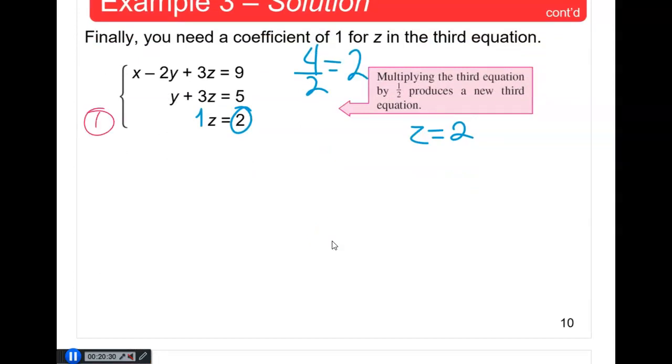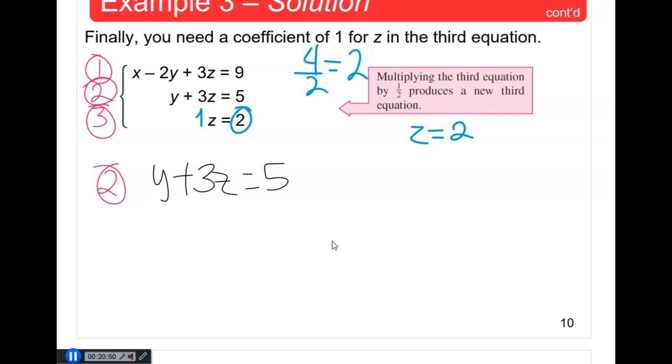So we have the first solution. In fact, that's equation number 3. So I'm going to take equation number 2. I'm going to write it down first. So it's y plus 3z equals 5.